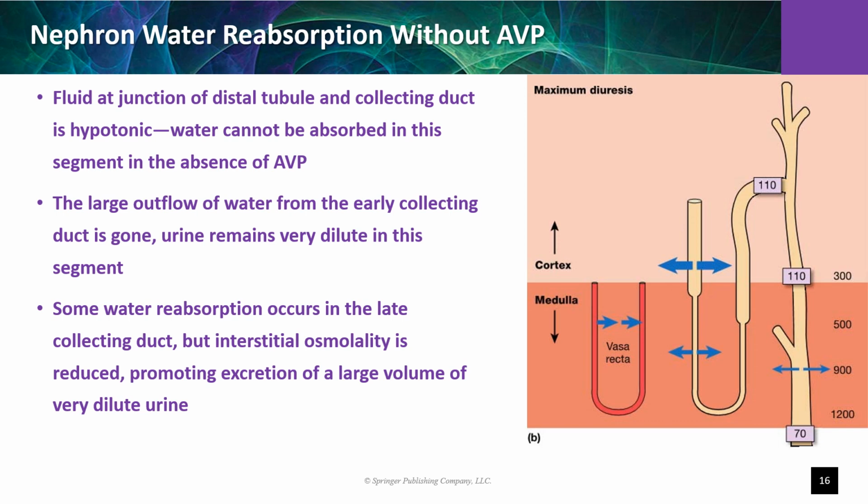When fluid intake is normal or high, vasopressin secretion is inhibited. Collecting duct water reabsorption is inhibited, and increased amounts of dilute urine are excreted.